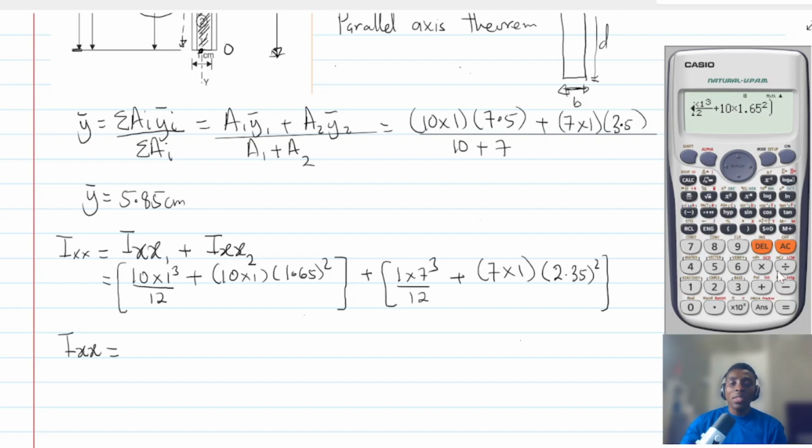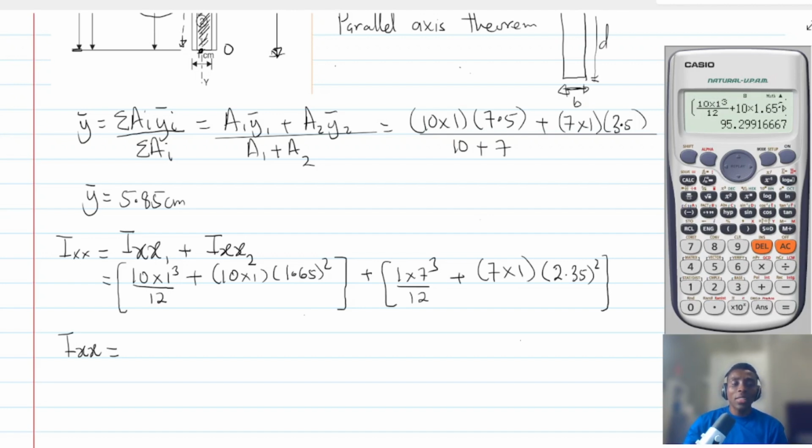Then let's add the second part, which will give us 1 times 7 cube divided by 12 plus 7 times 2.35 squared, all in brackets.